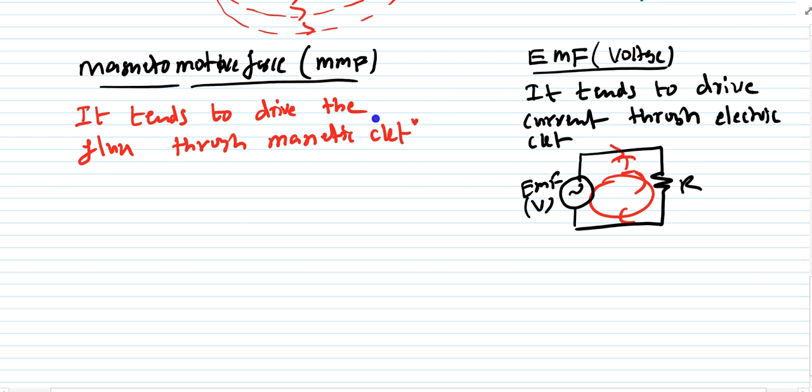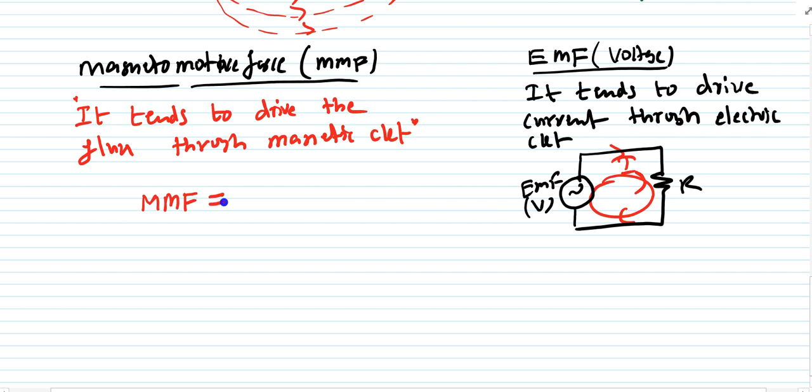If you see both definitions, they are similar, but where we talk about driving the current in one, when it comes to the magnetic circuit, the MMF is going to drive the magnetic flux.